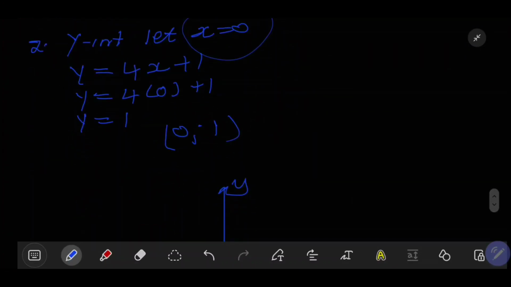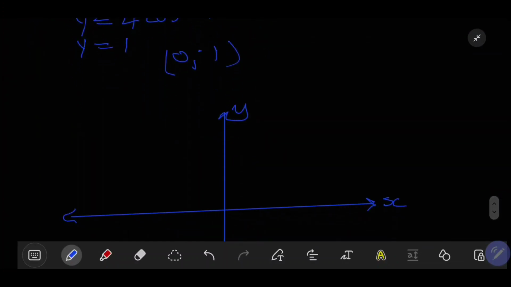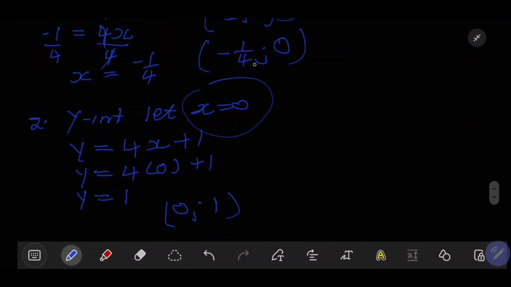Let's start with the y-intercept. It says when x is 0, y is 1. We know that every x value on this line is 0, then our y value is 1, so we can put it here. This is the point (0, 1). This one says negative 1 over 4, 0.